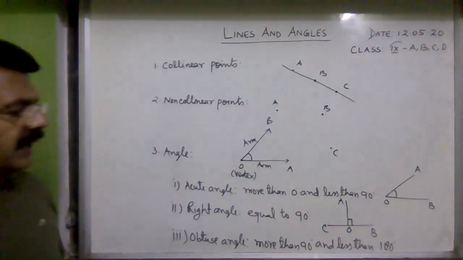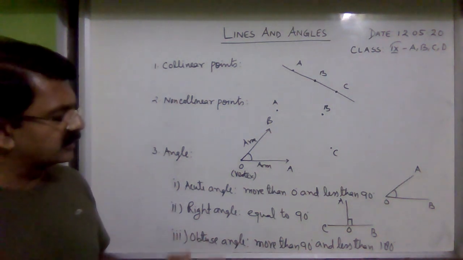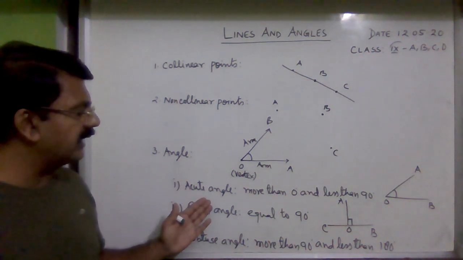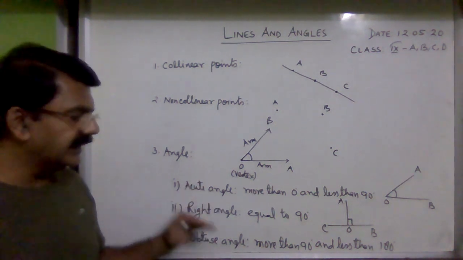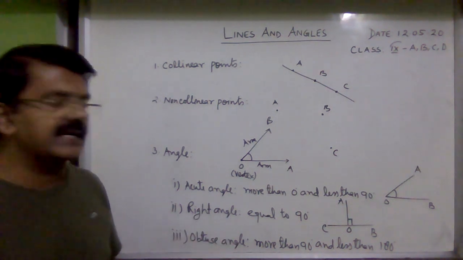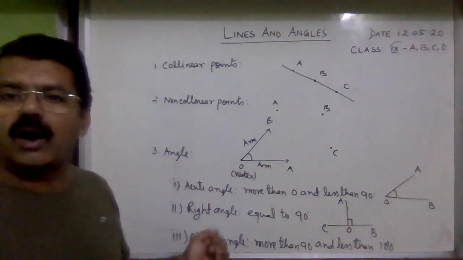If an angle is more than 90 degree and less than 180 degree, then it is called an obtuse angle. So acute angle more than 0, less than 90, right angle equal to 90, and obtuse angle more than 90 and less than 180.